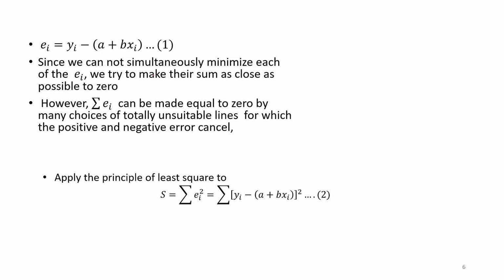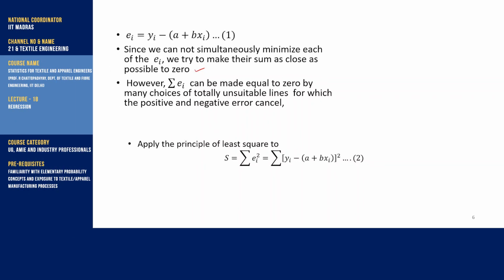Now, since we cannot simultaneously minimize each of the ei's, we try to make their sum as close as possible to 0. So we have to place a line passing through all these points in such a way that the ei values are minimized.